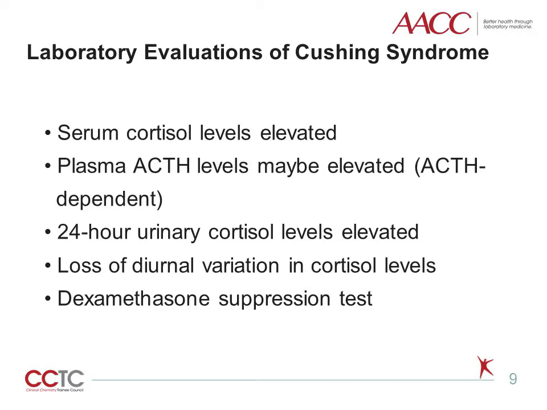There's a loss of diurnal variation in cortisol levels in Cushing syndrome. Dexamethasone suppression tests can be used for further investigation, for confirmation and differentiation of ACTH-dependent or independent Cushing syndrome.